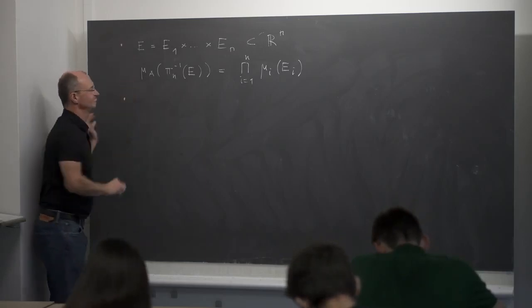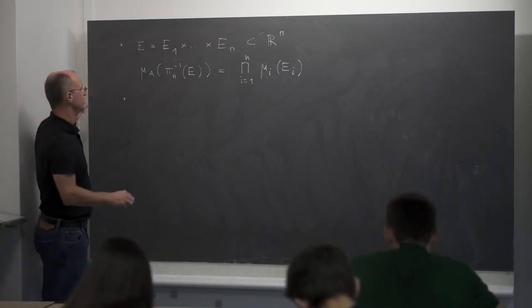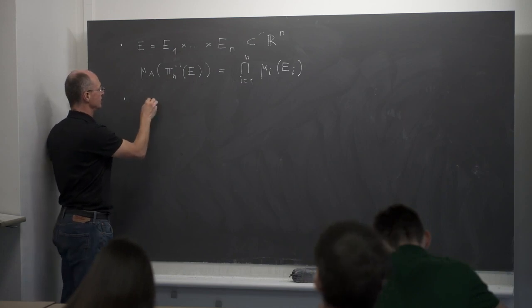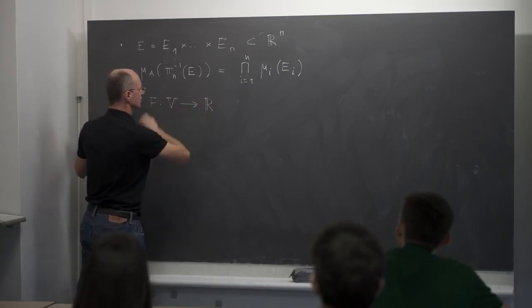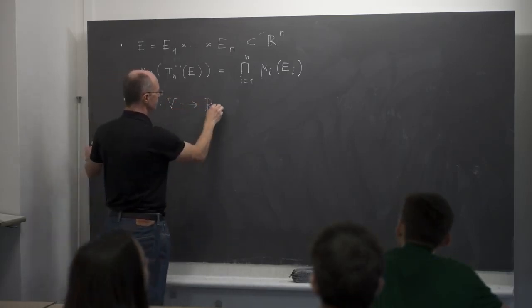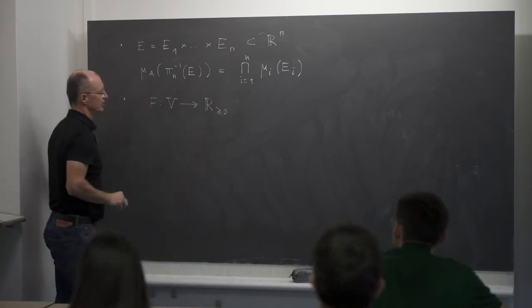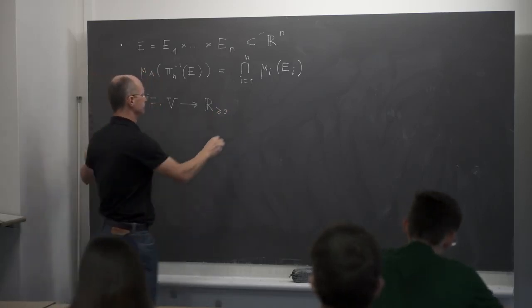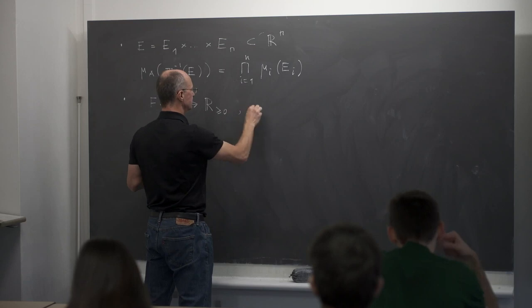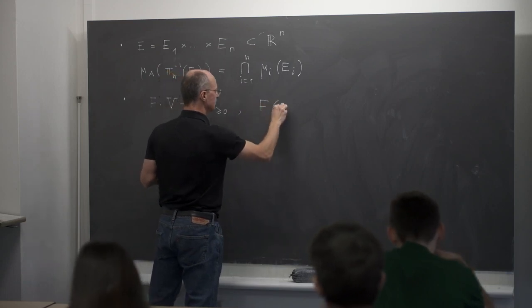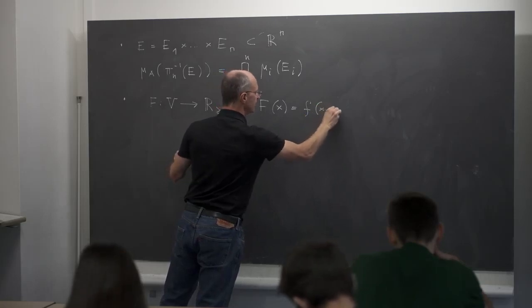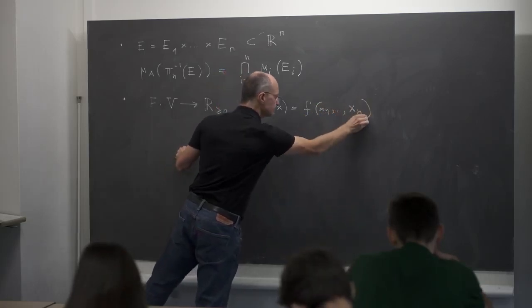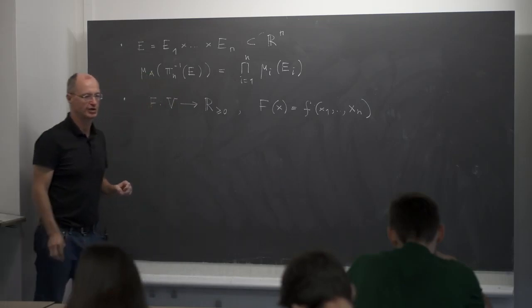Or maybe, basically, I'm always saying here the same thing. Suppose I consider a function on V with values, say, in R positive, which is defined in the following way. This is some function of n variables computed on the first n components.